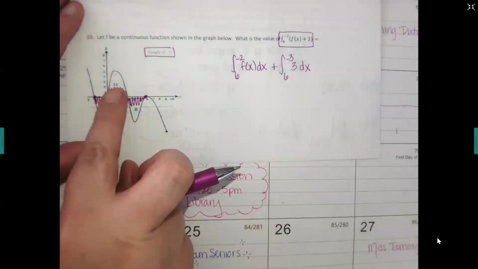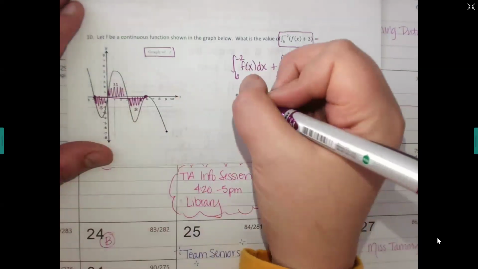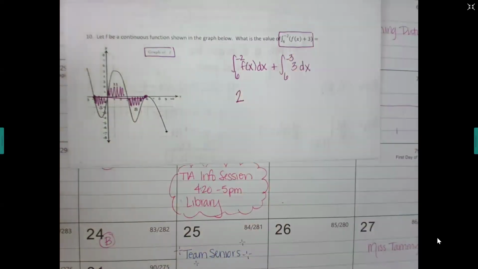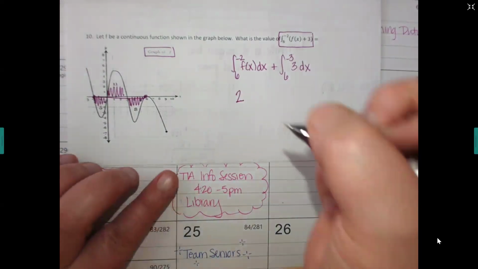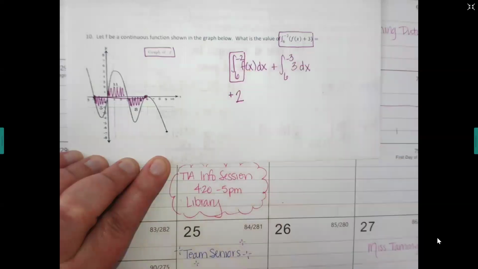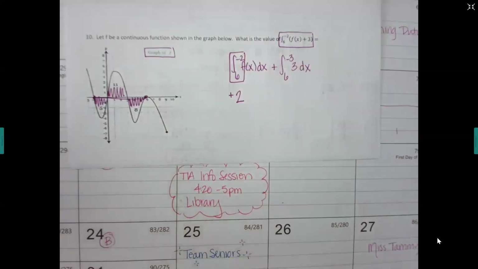So 13 take away 11 would be 2. Now let's talk about the sign. Technically, more of the area is below, right? The 13 units are on the bottom, so it should come out to be a -2. Will it be a -2 here? No, because what about the endpoints? They're backwards, they're out of order. So this is going to count as a +2 because not only is the area below, but it's also backwards.